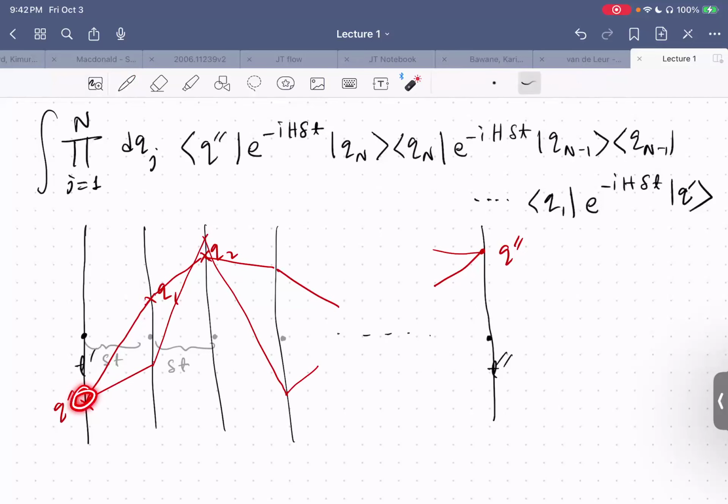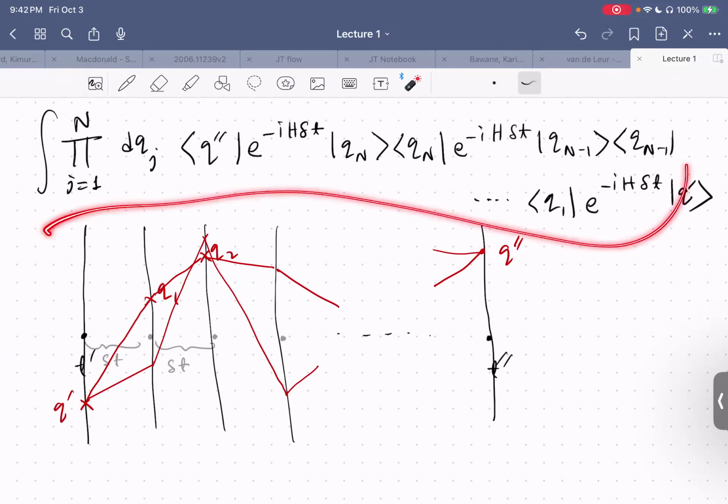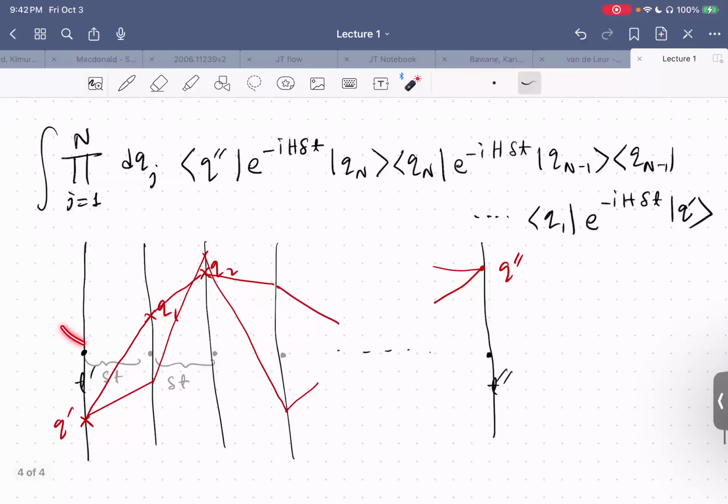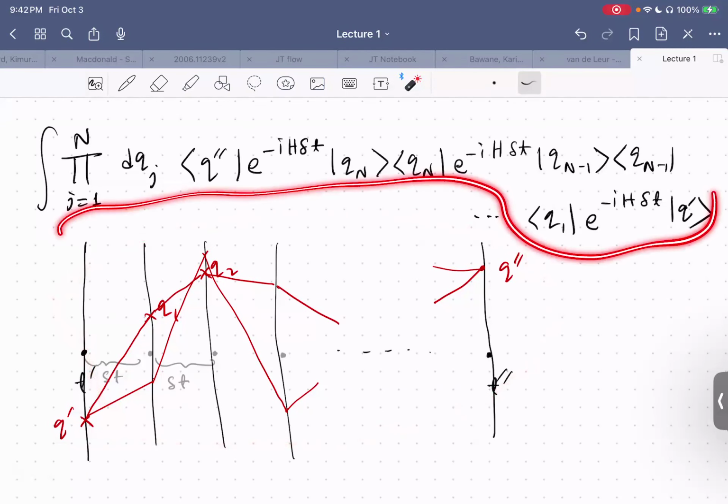But it will always start and end at the same place because q prime and q double prime are fixed. There are no integrations over these things. But with these fixed initial and final positions, here we are basically summing over all possible paths that this particle can take to go from q prime to q double prime, right? So it can be absolutely anything as long as it has the same initial and final positions. So this picture is kind of like the pictorial version of this equation.